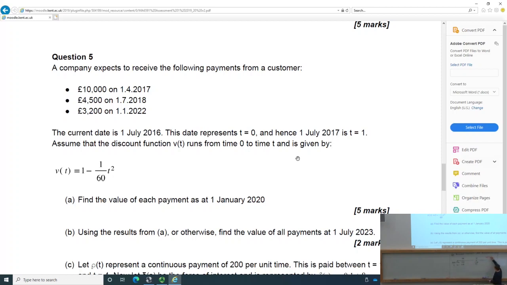Vt is equal from V from times 0 to times T. So we're starting here, so we need V 0.75 and we need V 3.5, and then we need to combine them to find what the discount is in between.